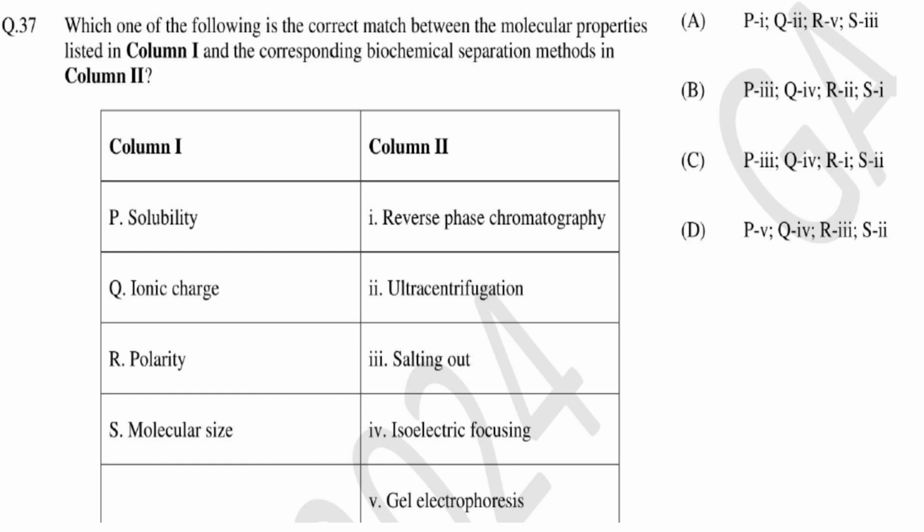Then ionic charge is for isoelectric focusing. Polarity is for reverse phase chromatography and molecular size is for ultracentrifugation. So P3, Q4, R1 and S2. Answer is option C.